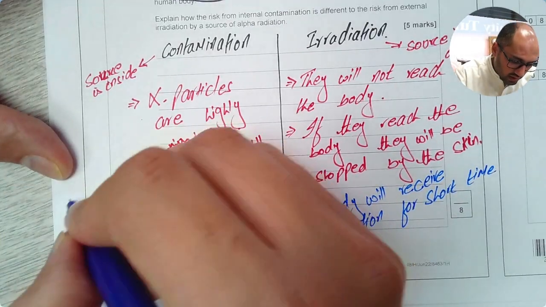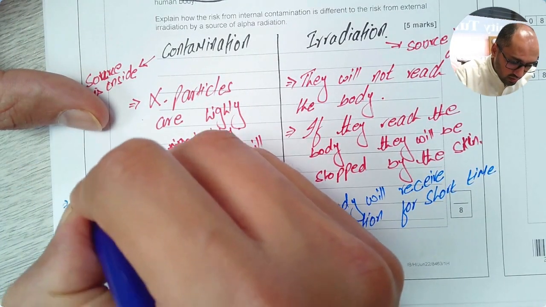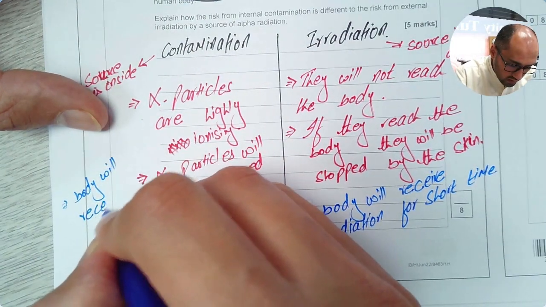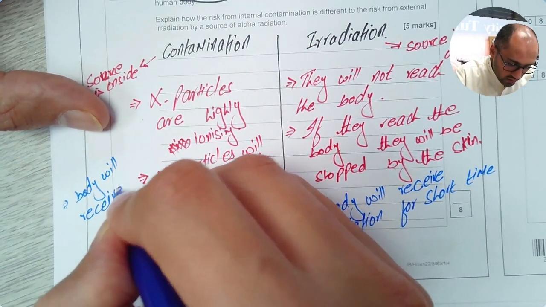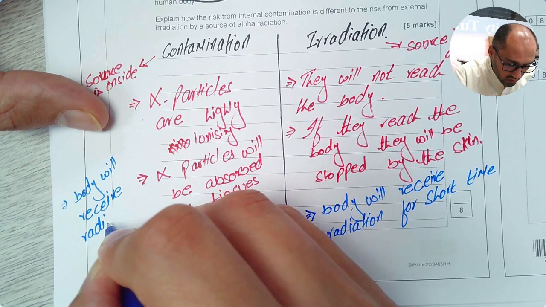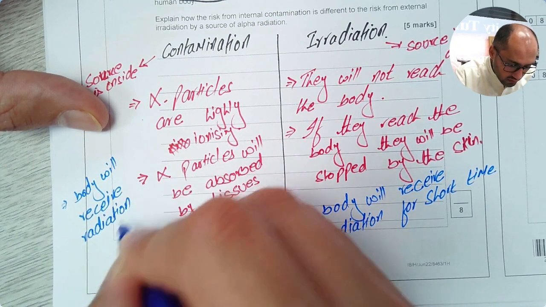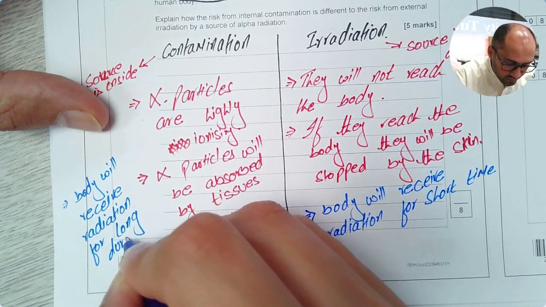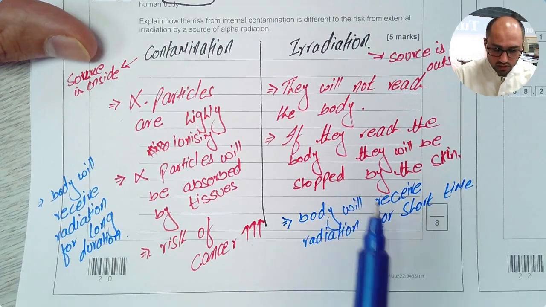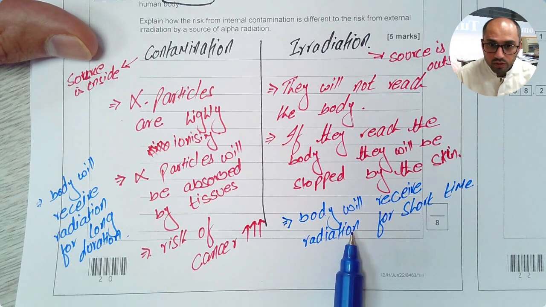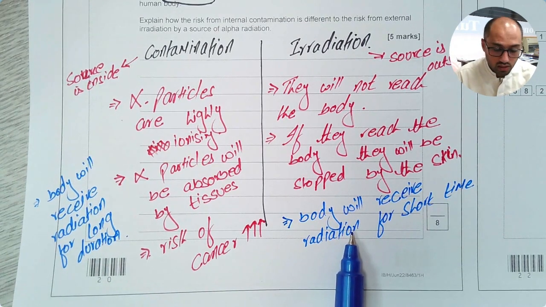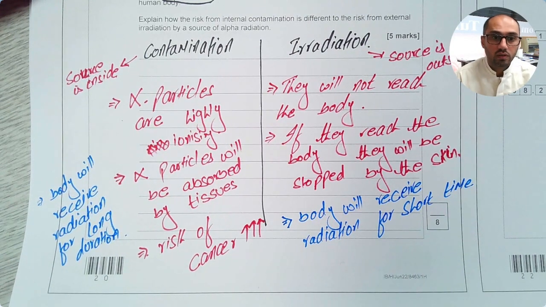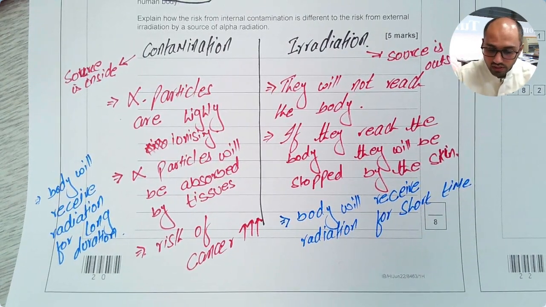In this case, I'll say body will receive radiation for long duration. Because here, once you move away from the source, your body will not receive radiation. But in this case, if the source has become part of your body, no matter where you are, your body will keep on receiving radiation.